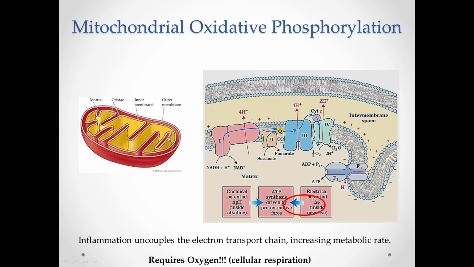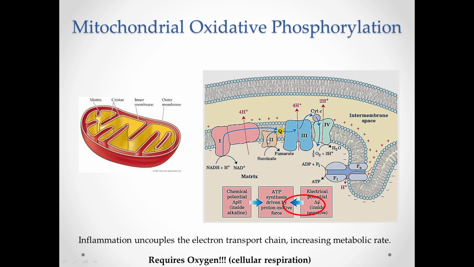Now, in the mitochondria, as I mentioned, NADH drops its electrons off at the electron transport chain. FADH2 also drops its electrons off at the electron transport chain, except it does it at complex 2. Okay, and it does that right here.